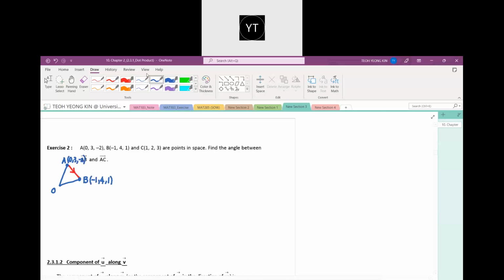So in order to find the vector AB, AB is AO plus OB.